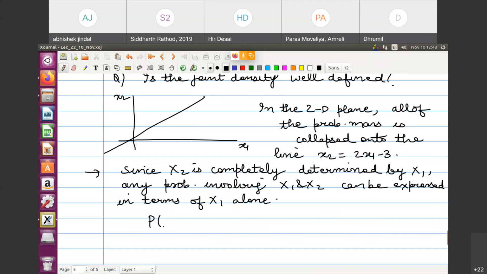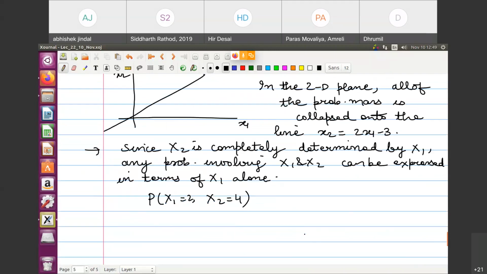If you are given the probability that x1 is 2, comma, x2 is 4, what it means is that this is simply saying the probability that x1 is 2, but x2 is 4 is not defined. x2 has to come from this expression, so this is 4 minus 3 is 1. So this takes a particular value, this is 0. Why? Because x2 cannot take the value 4 if x1 is 2.